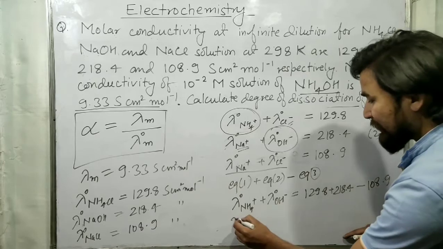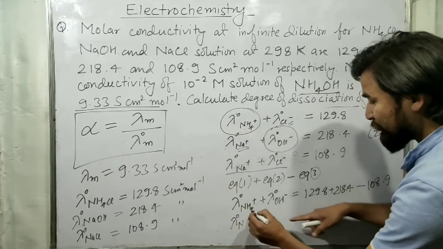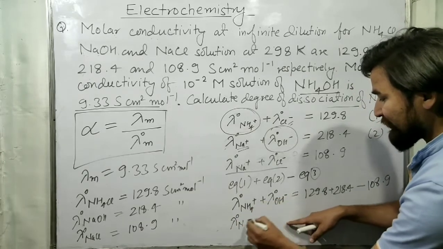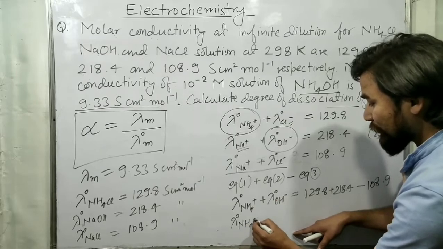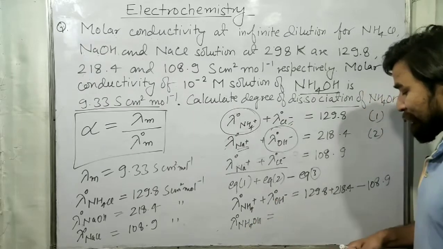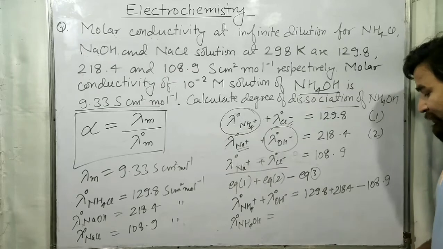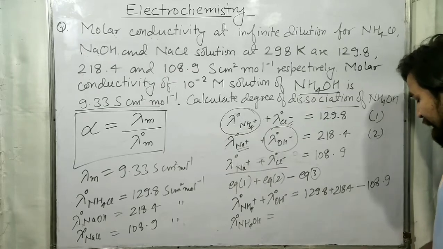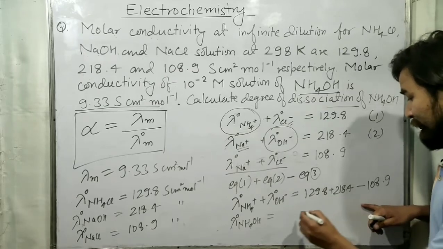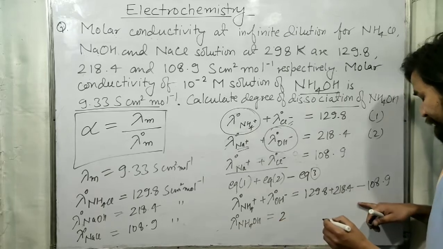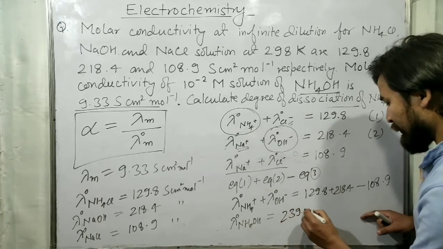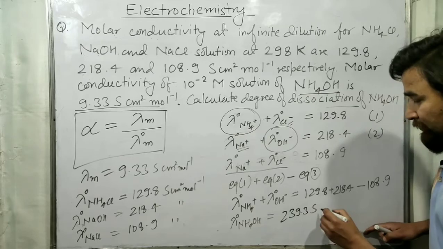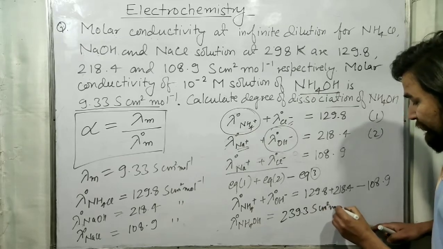So this is lambda naught for NH4OH, that will be equal to 129.8 plus 218.4 minus 108.9, which will be equal to 239.3 Siemens centimeter square per mole.